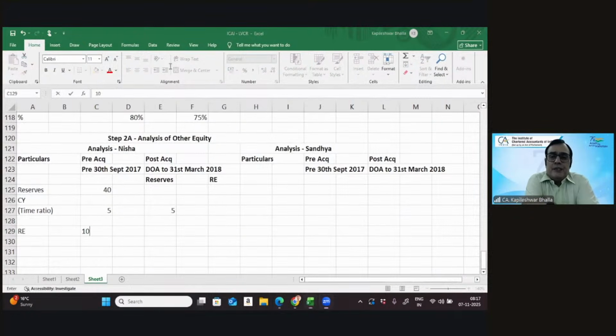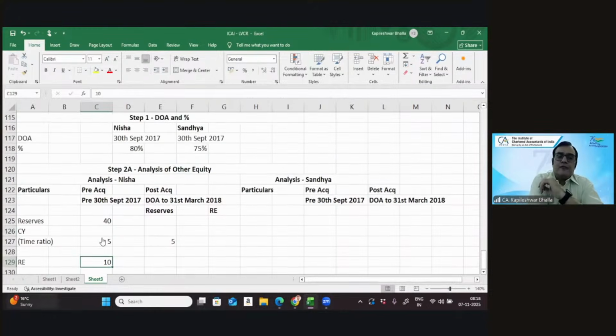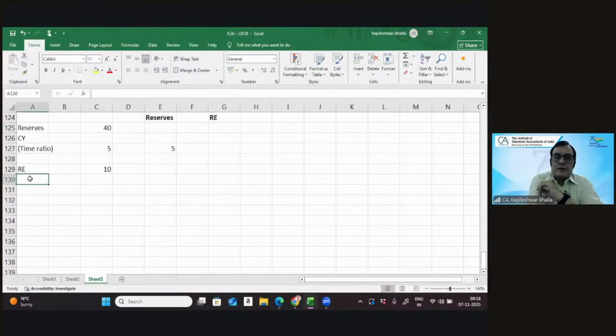Is that increase of 15 also going to be divided in the time ratio? 10 is pre, that's right, and then we can say the increase of 15 is divided in the time ratio. Super. So let's take the figure which is current year. This will be divided in the time ratio. So we go systematically. This is going to be 7.5.